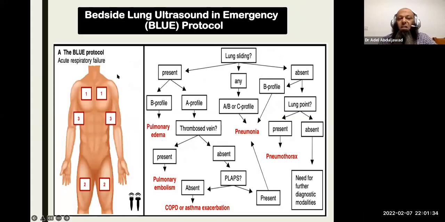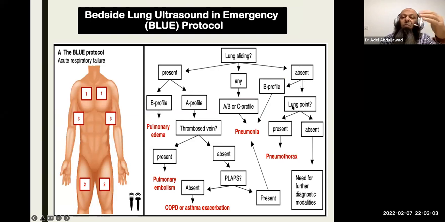And this is the BLUE protocol, the so-called bedside lung ultrasound in emergency. You usually start with assessing lung sliding, either present or absent, and according to the lung sliding you move. If present, you assess the A or B profile, or its absence or presence.